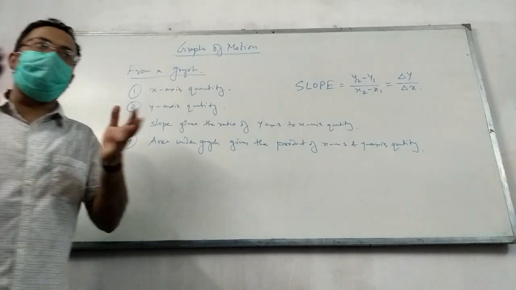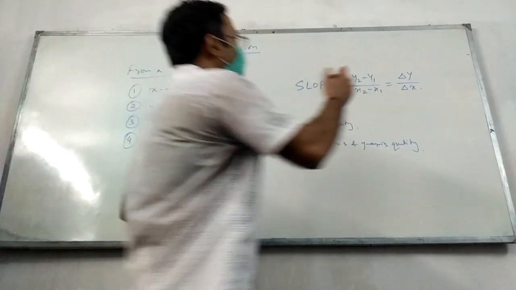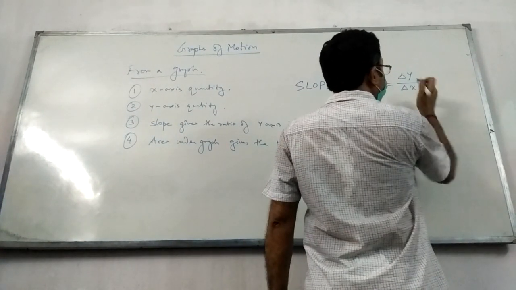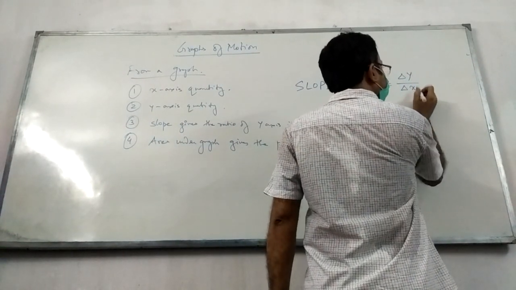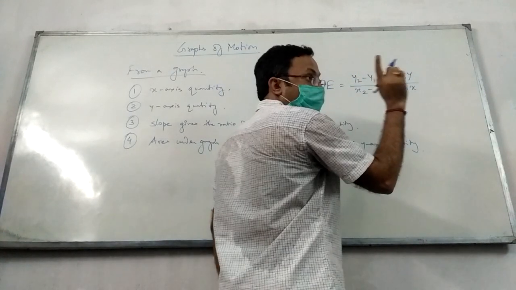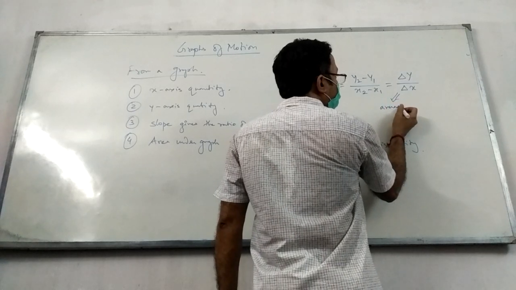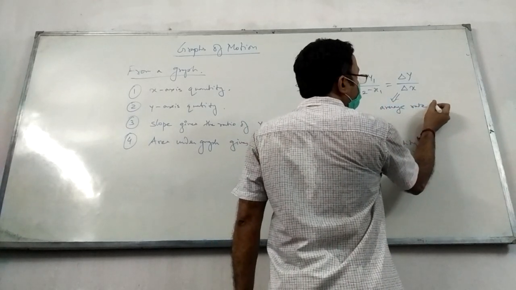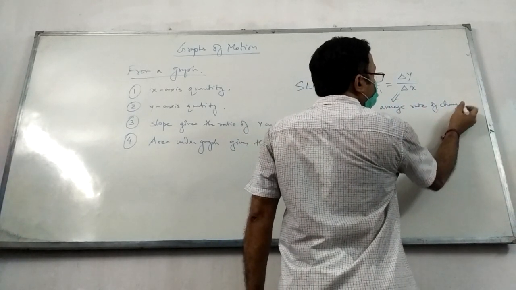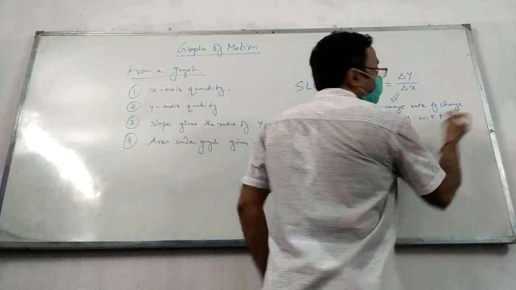So wherever you need to find the rate of change, you will find the slope. Delta y by delta x is the rate of change of y with respect to x, and this is average. Remember, this implies the average rate of change of y with respect to x.